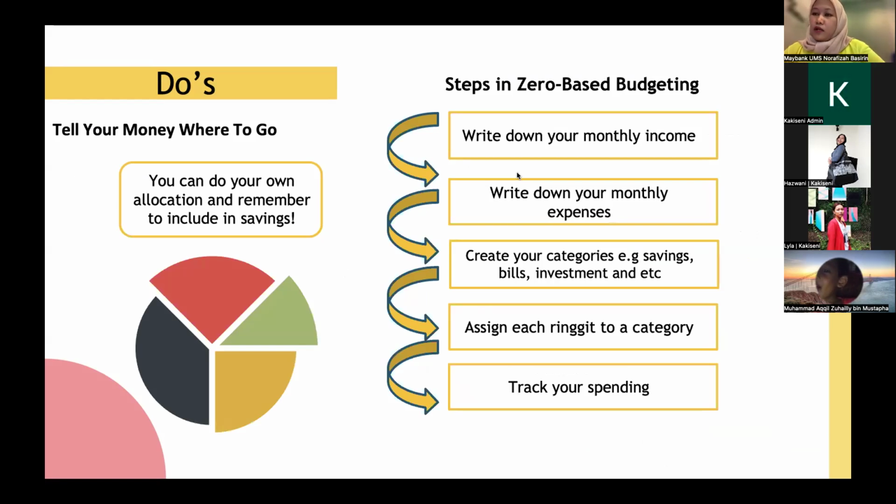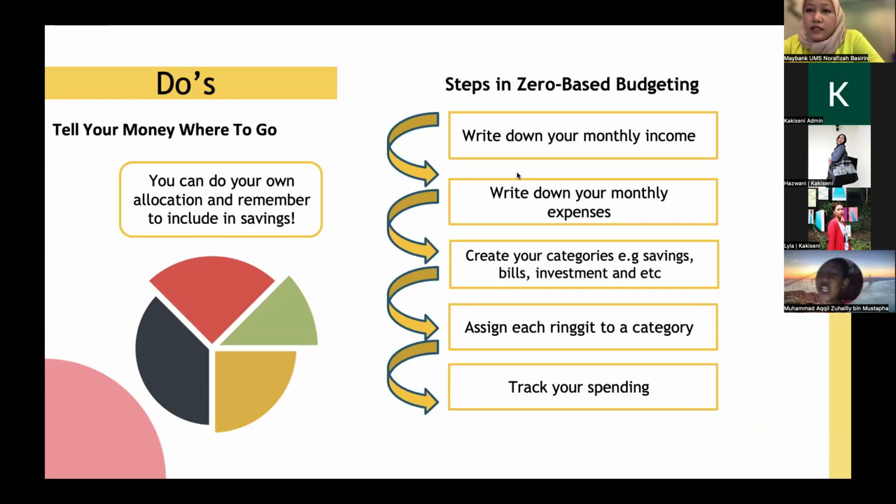You can also use zero-based budgeting, whereby first you have to write down your monthly income, whatever income you have, whether it's from your parents, your part-time job, your PTPTN or your scholarship. Write it down and then identify your monthly expenses.